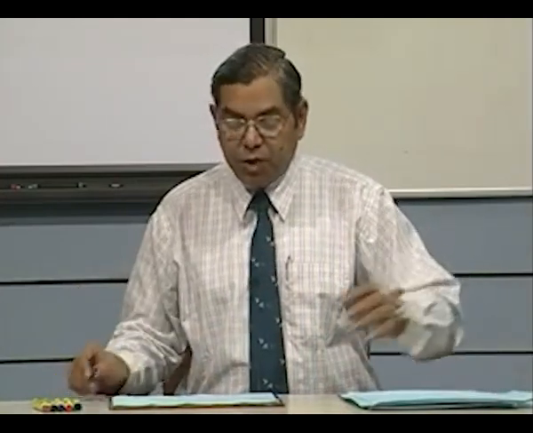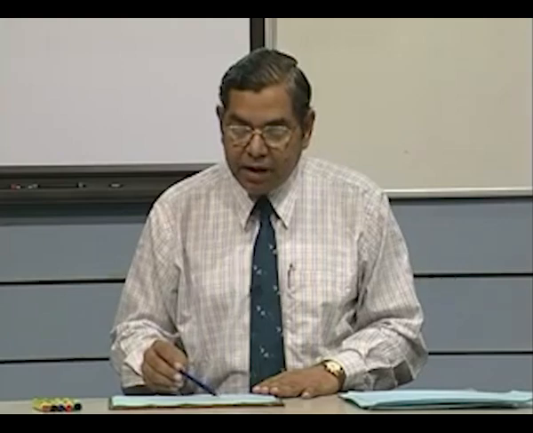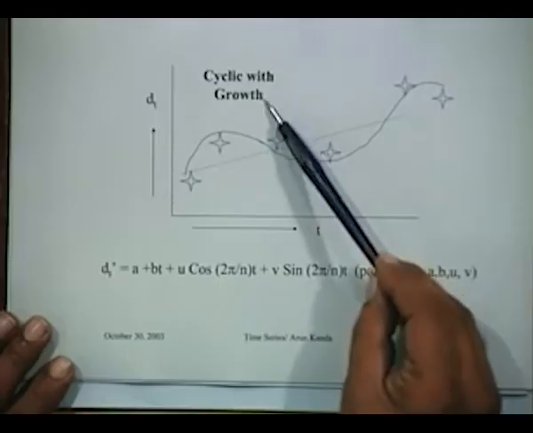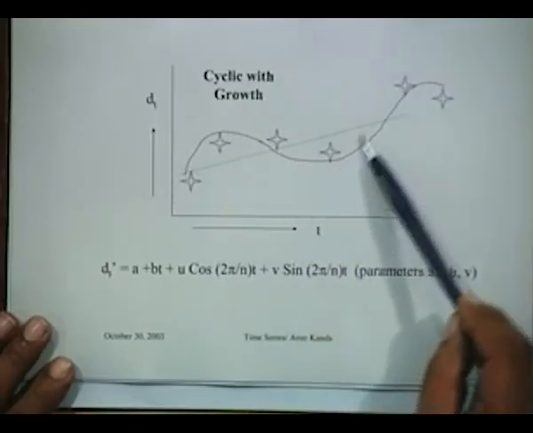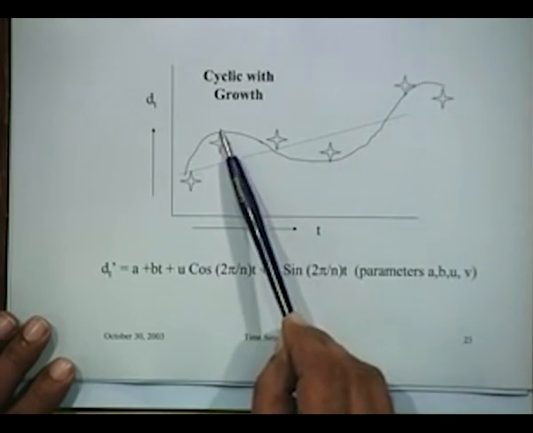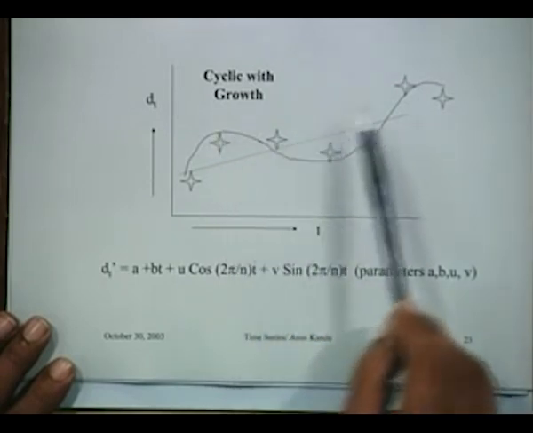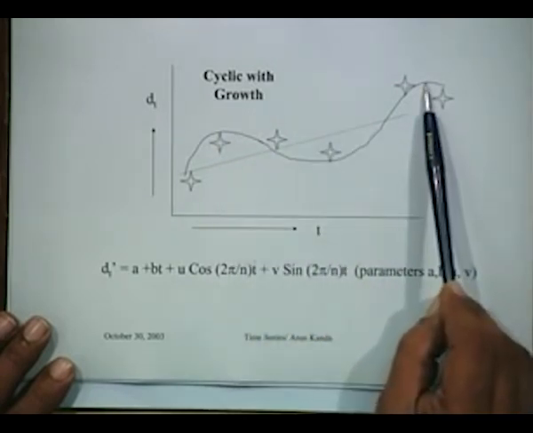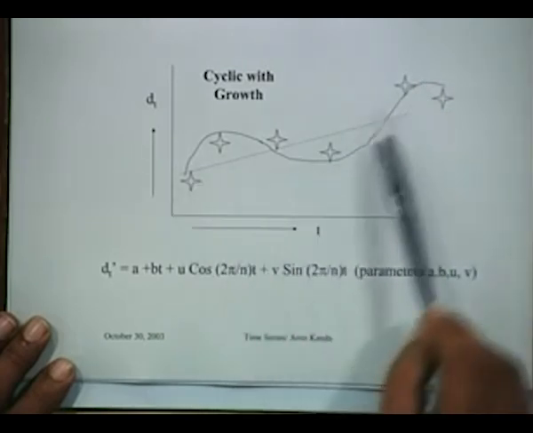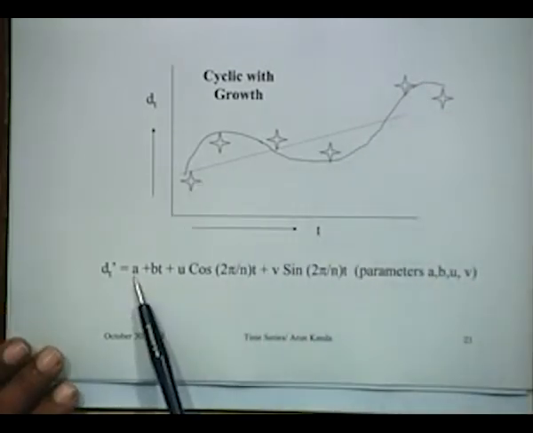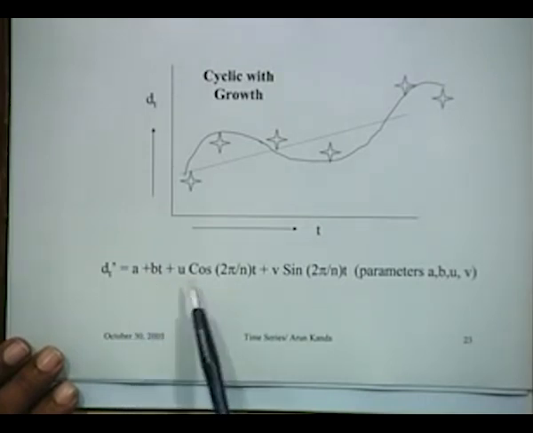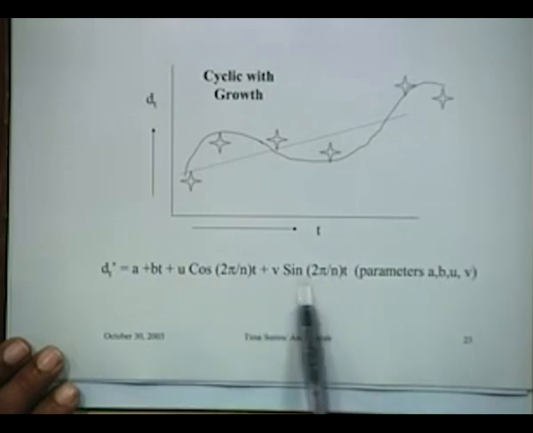Or you might have a situation where the demand is cyclic with growth. That means it has a cycle, but the peak in January 2002 is lower than the peak in January 2003. So there is a pattern of growth also superimposed. So what we do is a plus bt is the component of growth, and this is the periodicity.